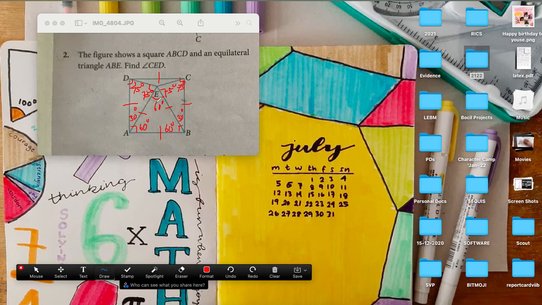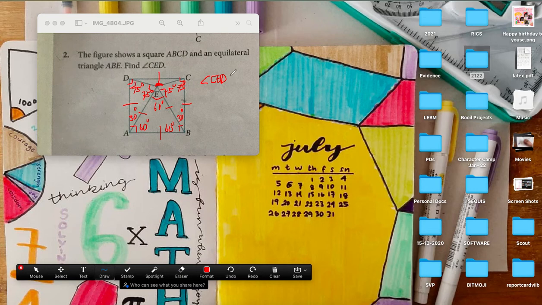So then, look, angle CED is an angle at the point E together with angle CEB, angle BEA, angle AED.